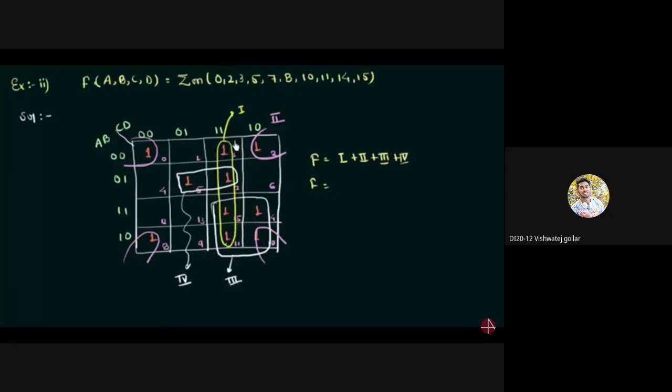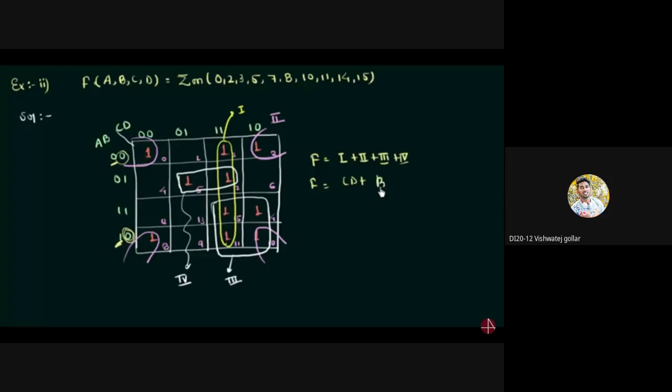Your first one is CD, because C and D are not changing and A and B are changing. By combining the 4 ones, 2 literals go off. The second group of prime implicant, these 4 ones: we can see that A is changing from 0 to 1, but B is not changing, it is 0.